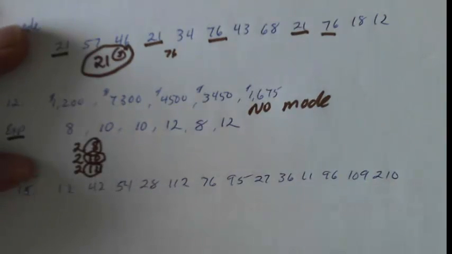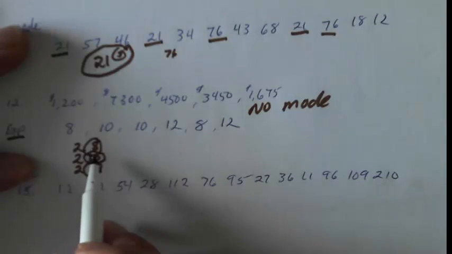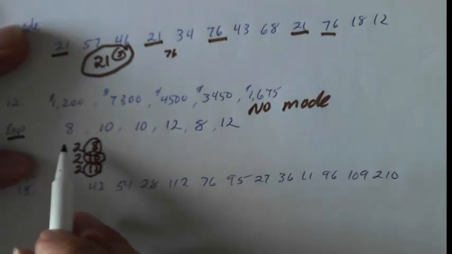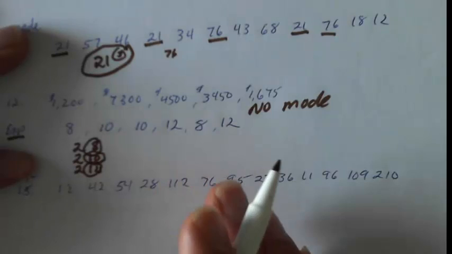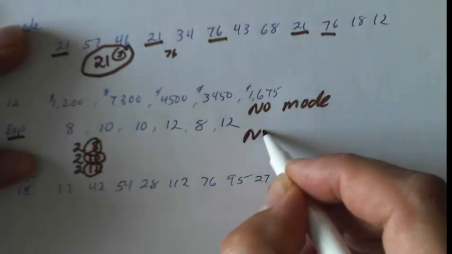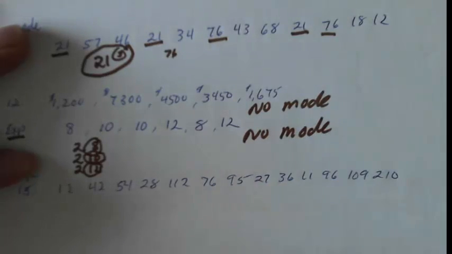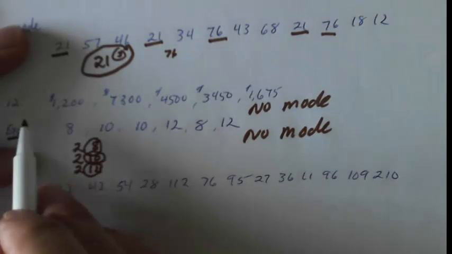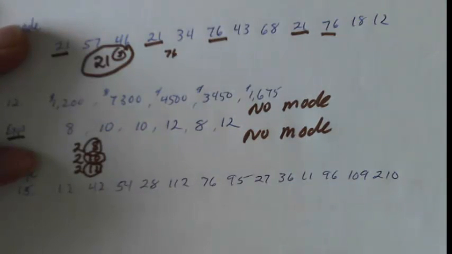But I do not have any number that occurs more than any other. They do occur more than once, so they meet half of that, but they don't occur more than any of the others. So this would also be no mode, okay? Because there's no true one that's more than any others.